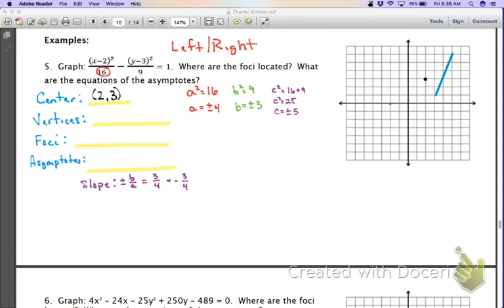Where am I at? Oh, that's because I went 3 and 3, my bad. Up 3 over 4. Let's try that one instead. So there's one asymptote. Do the same thing and go down 3 over 4, and go up 3, back 4.